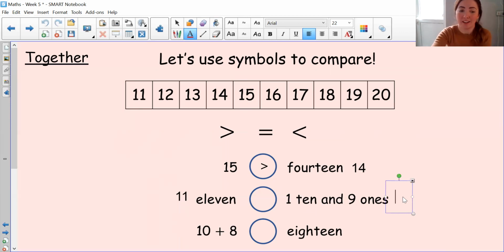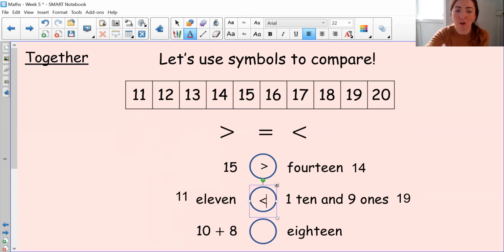Well done if you said 19. So comparing 11 with 19. Let's look at the number track again. Here's 11, here's 19. So 11 must be less than 19, exactly, because it comes before 19.